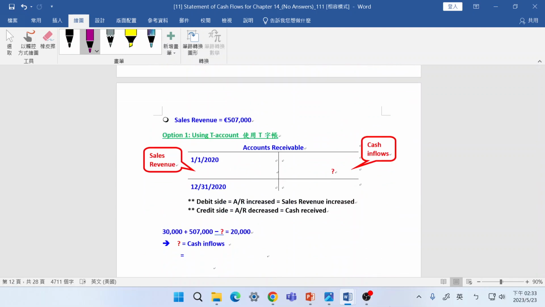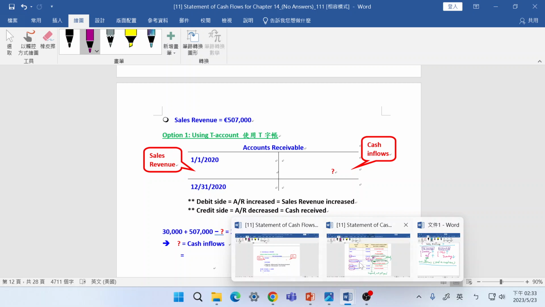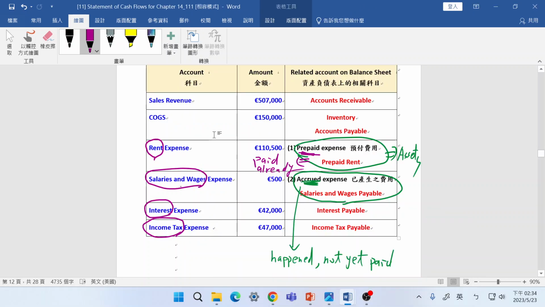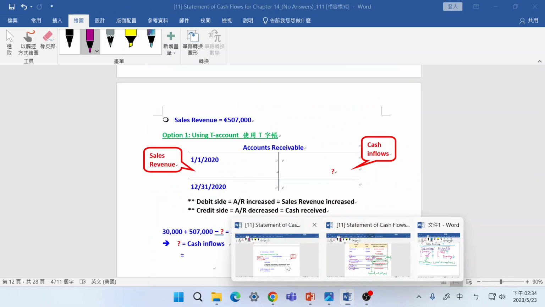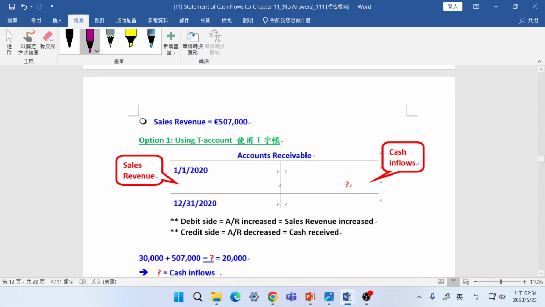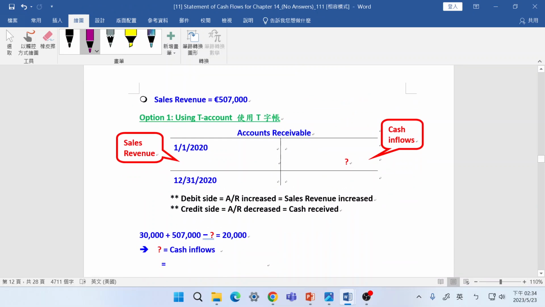What's our first item? We want to find out the cash. Sales revenue. So based on sales revenue, how much? $507,000. We try to find out cash inflow or cash outflow? Cash inflow, right? So based on the first item, sales revenue, $507,000, we try to find out cash inflows.